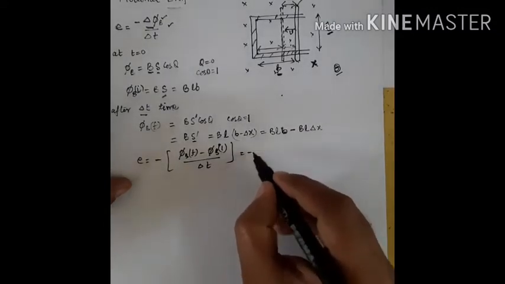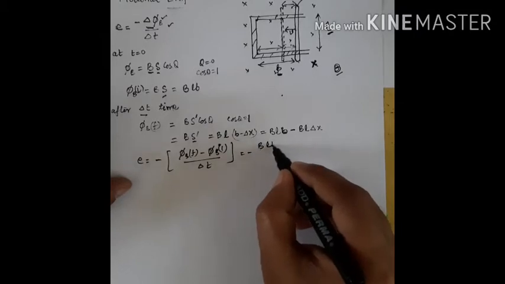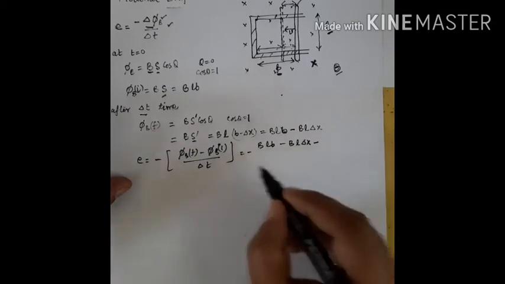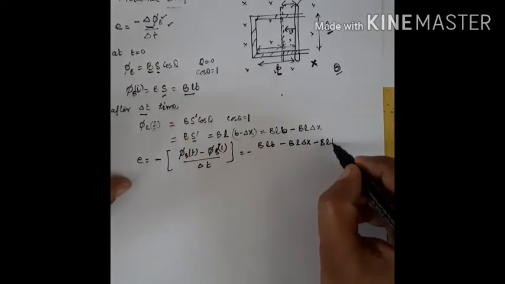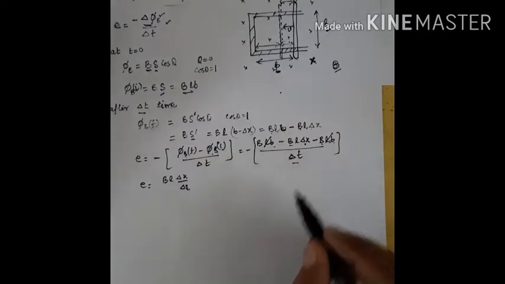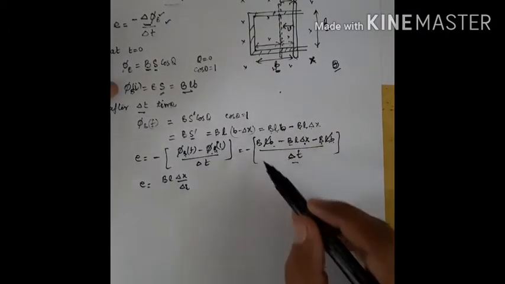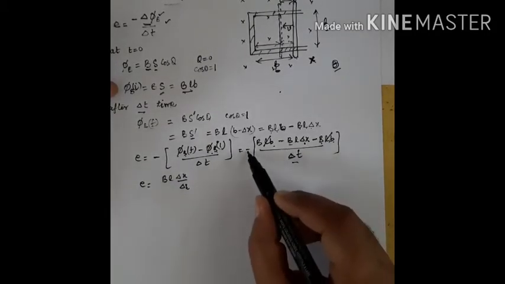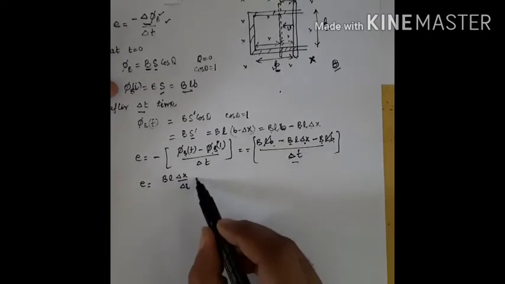The magnetic flux final is BLb minus BL delta x, minus the magnetic flux initial, which is BLb, divided by the time interval delta t. See here, BLb and this BLb get cancelled out. We are left with minus minus becoming plus, and BL delta x divided by delta t.